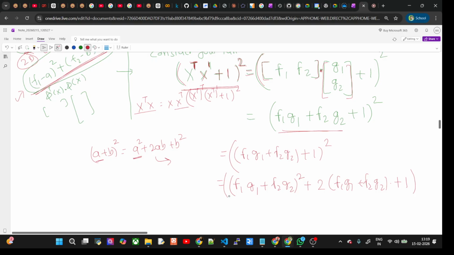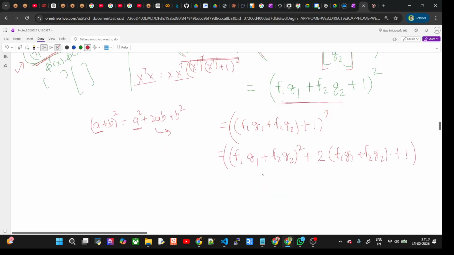And if I do the inside, this a square, f1 g1 plus f2 g2 whole square, is f1 square g1 square plus 2 into f1 f2 g1 g2 plus f2 square g2 square.